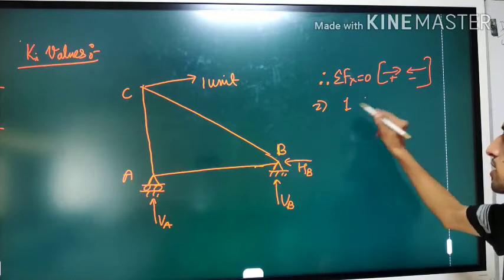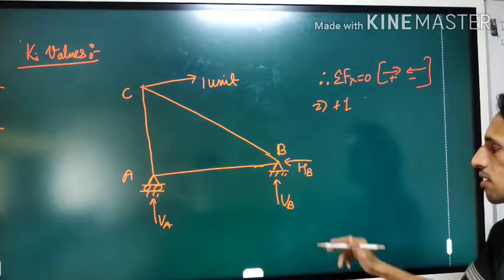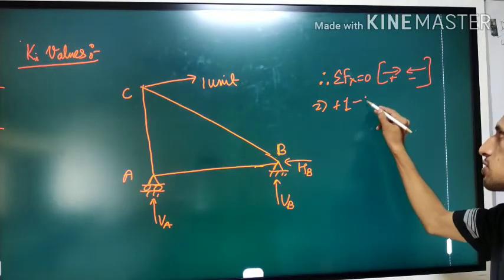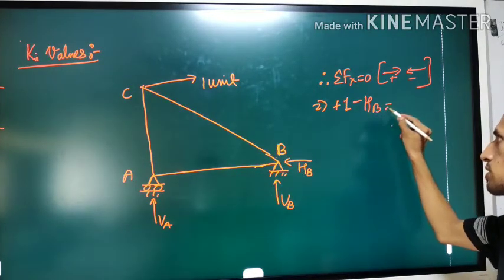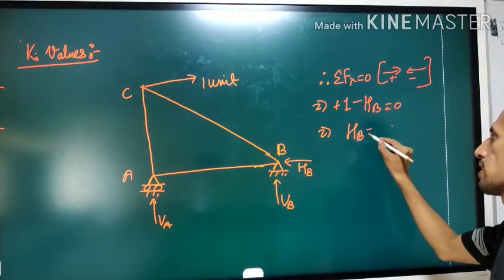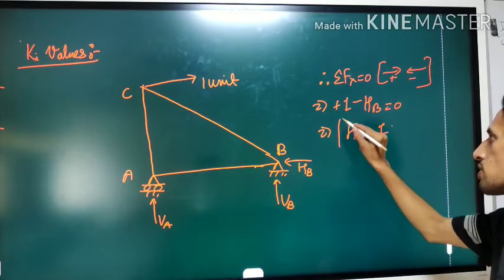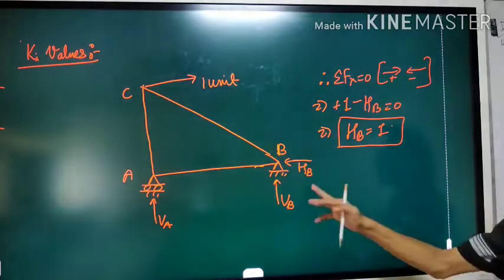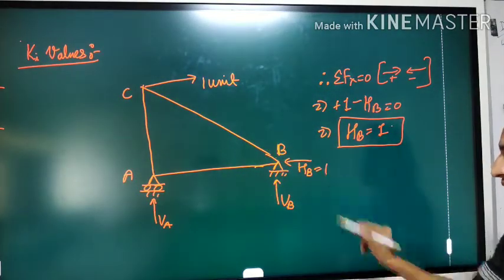What is the direction? This side, so positive. Then HB, what is the direction? Minus x side, so minus HB is equal to 0. From here you can find that the value of HB is 1 unit.